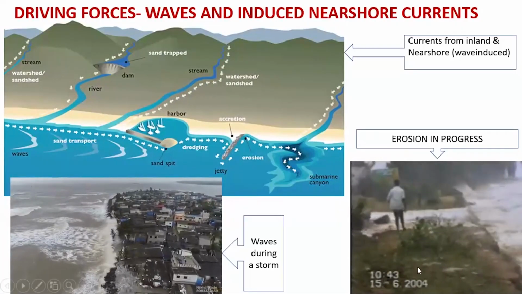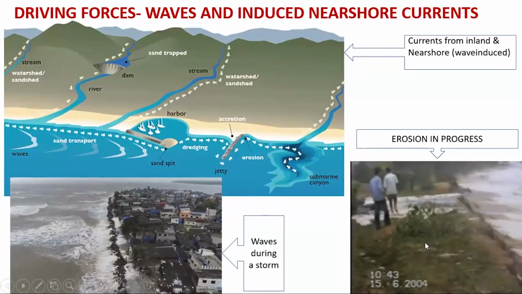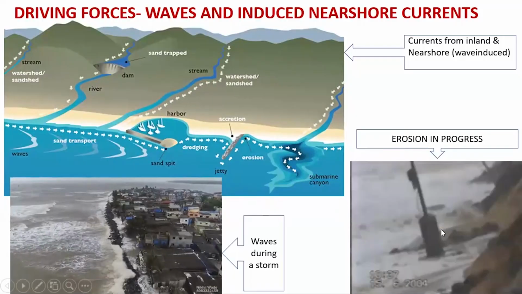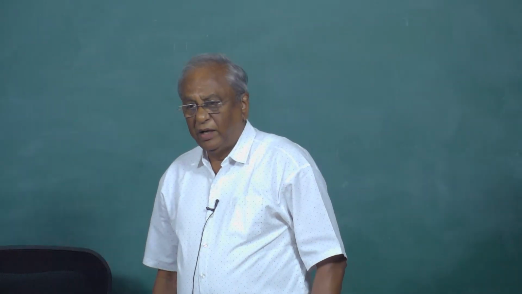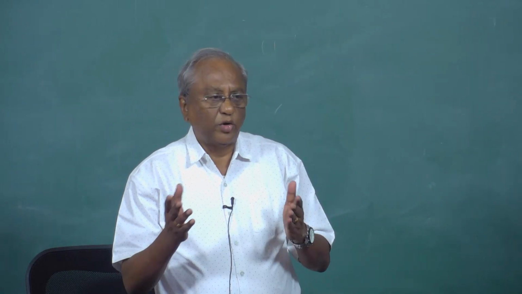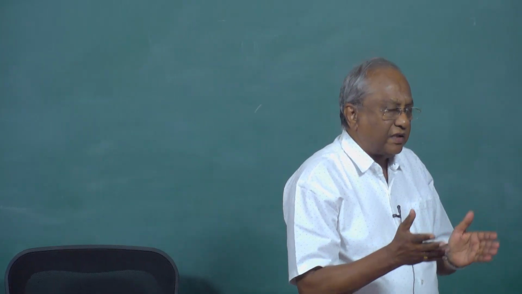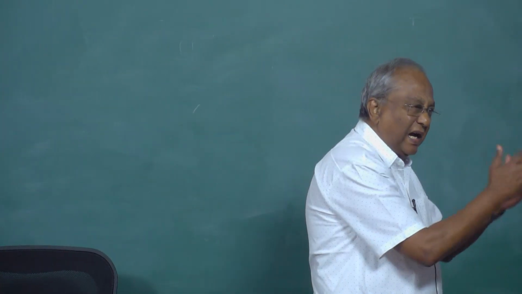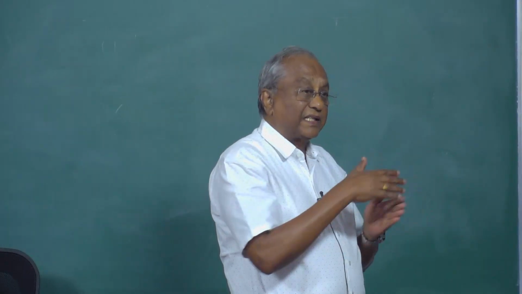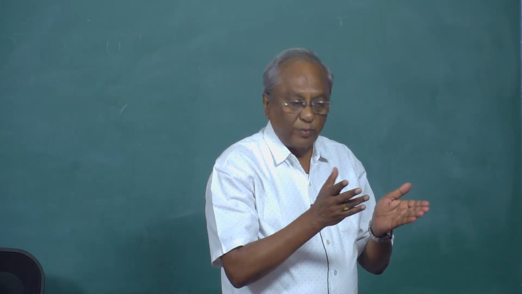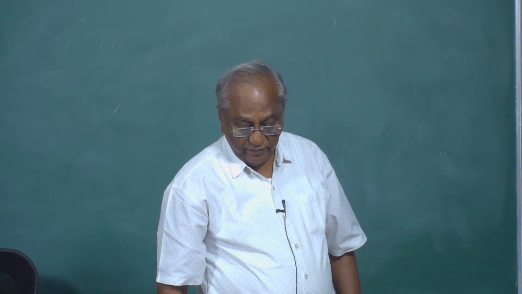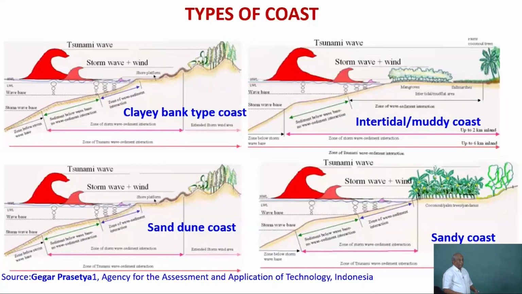Then once you have these driving forces, how the sand is being removed from the beach is another problem. So you have the interaction of the driving forces and the beach, the characteristics of the beach. That is where we have to understand and study. Since the driving forces are already known to you, now we look at the types of coast.